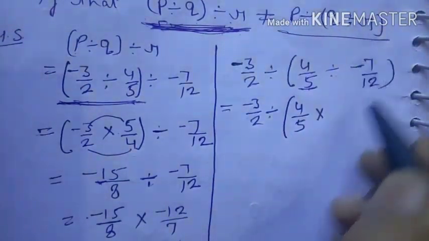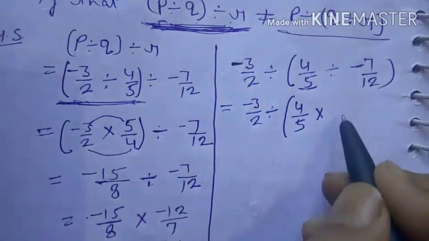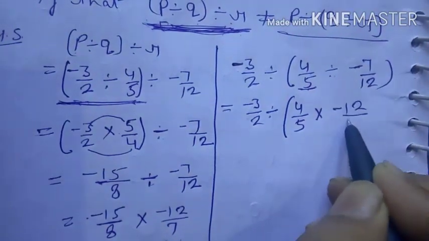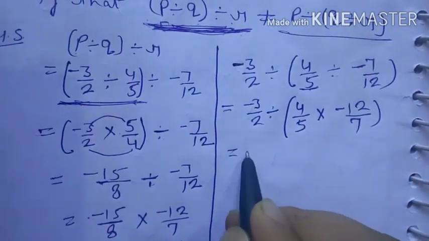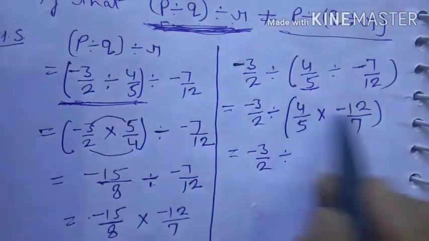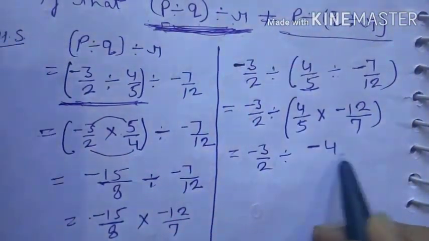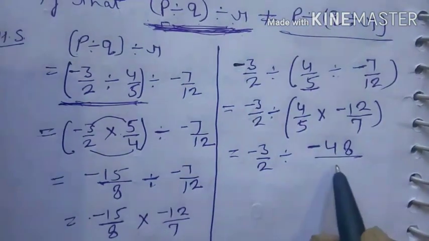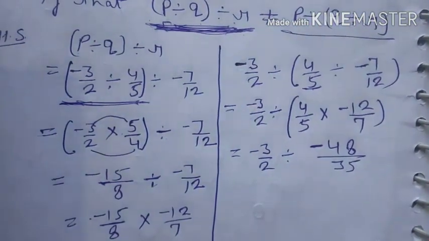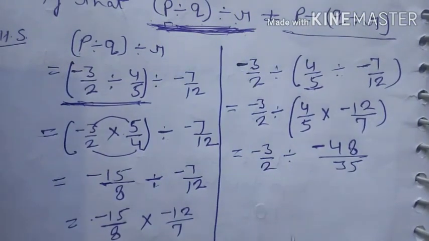Okay, now we will write the reciprocal or multiplicative inverse of the second rational number. What is that? That is minus 12 upon 7. Okay, now 4 upon 5 divided by minus 7 upon 12, we will solve it, then the result is 12 4 is 48 and 7 5 is 35. Because one is positive and one is negative rational number, so the result is negative.